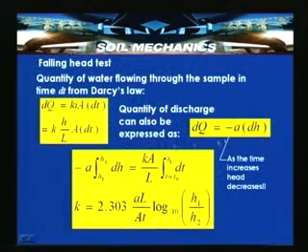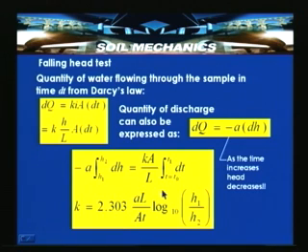Now, equating the discharge dq is equal to minus a dh and dq is equal to k h by L A dt, and integrating between the heads h1 and h2, where h1 is the head at t is equal to t0 and h2 is the head at t is equal to t1, where the time goes from t0 to t1.